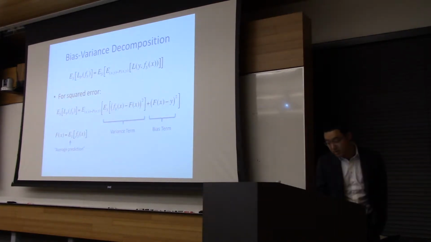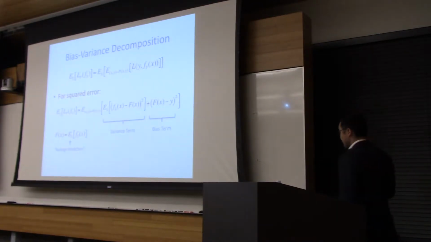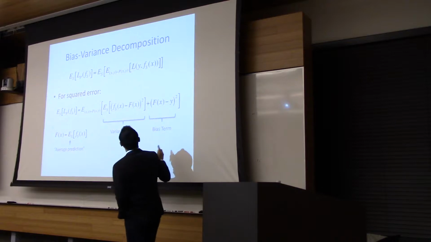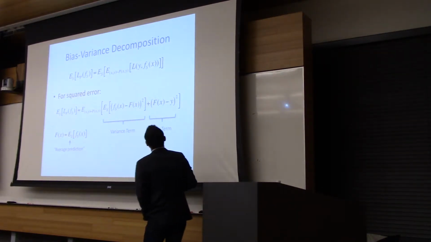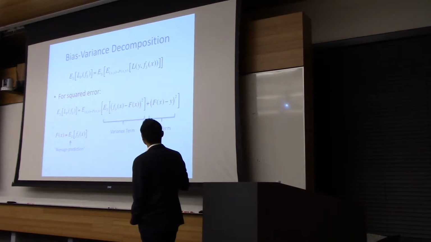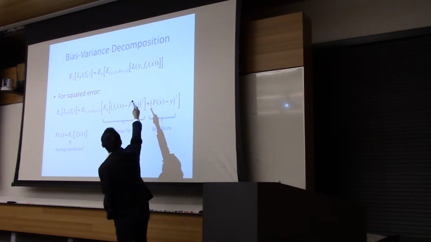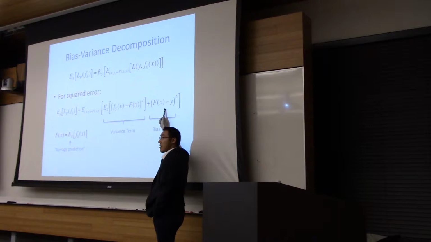So, I'll let you stare at this for a little bit. I could derive this if you'd like. It's not that hard. Recall that this guy is just this minus this squared, right?